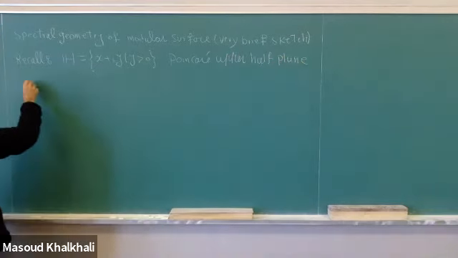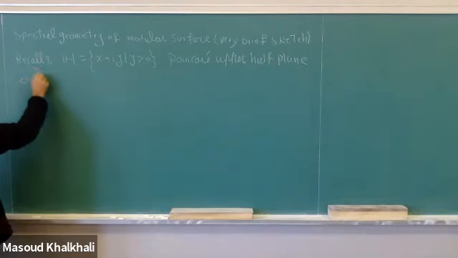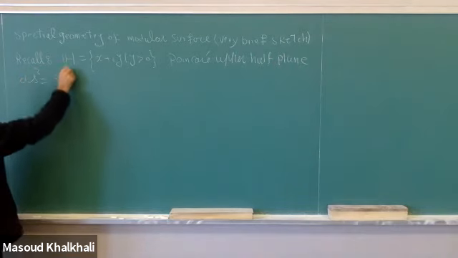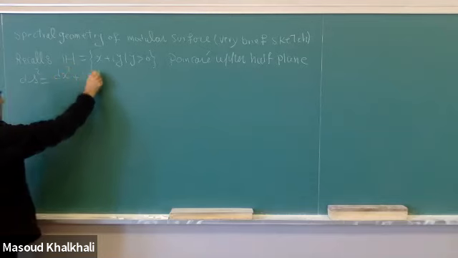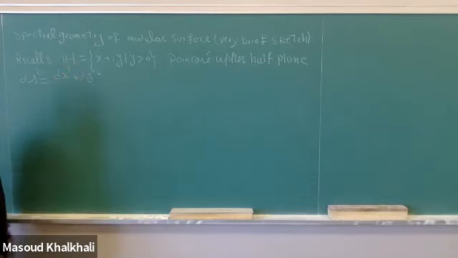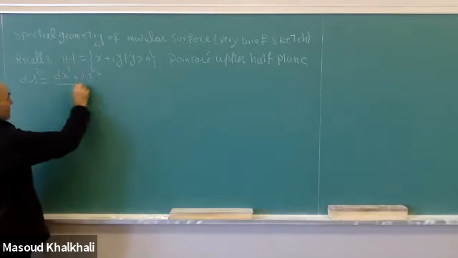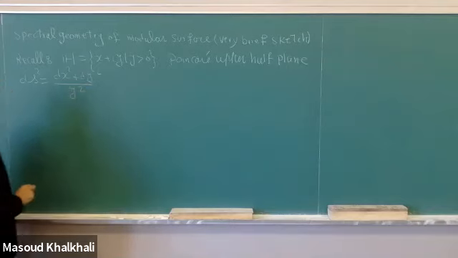We have this Riemannian metric here, ds squared equal to dx squared plus dy squared over y squared.